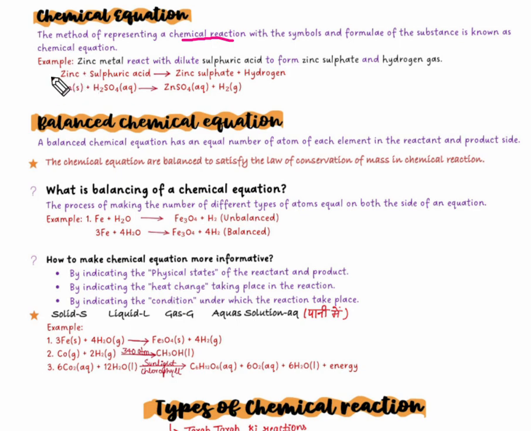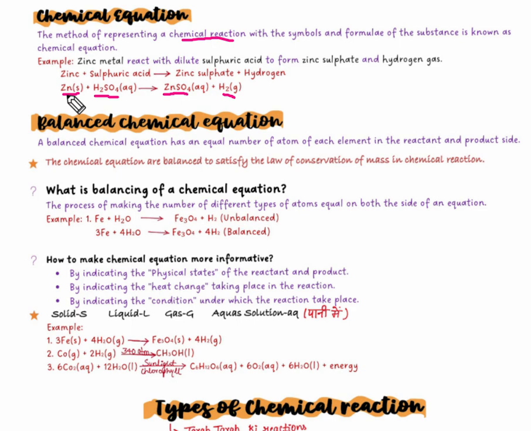In words, we can write this as zinc plus sulfuric acid gives zinc sulfate and hydrogen. How to write this in symbols? The symbol for zinc is Zn. Sulfuric acid is H2SO4, which gives ZnSO4, that is zinc sulfate, and hydrogen gas. So you have to observe that here we have written the symbol for each element and compound.